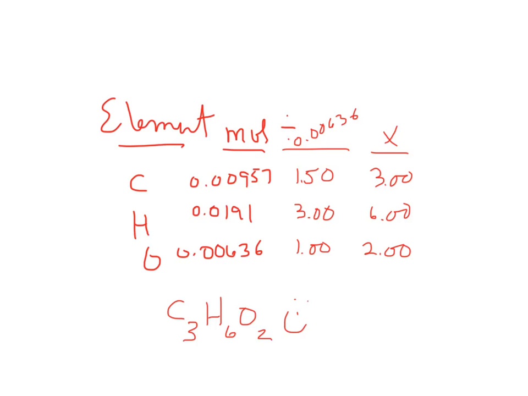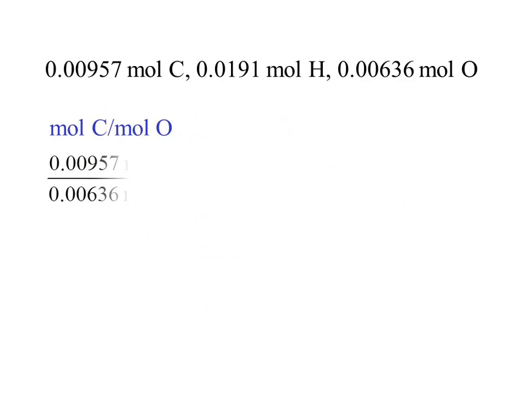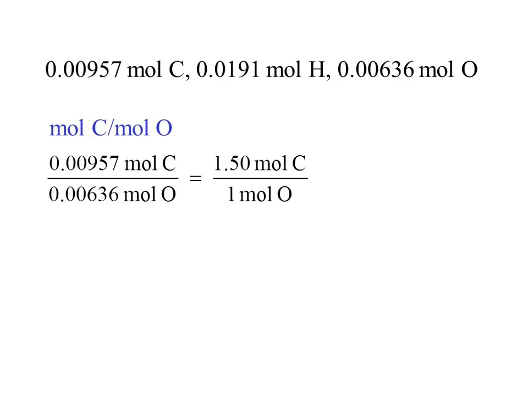An alternate way to do it and get the same answer is to take a pair of them, first the carbon and oxygen, and then the hydrogen and oxygen. The reason you're picking on oxygen is that oxygen, again, is in the least amount. With carbon and oxygen, you see right away an issue with halvesies.